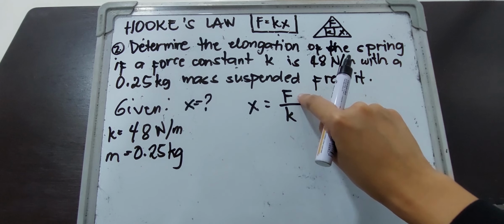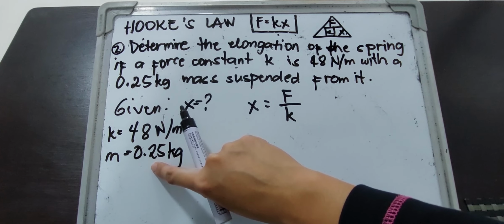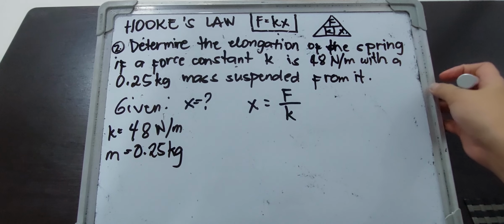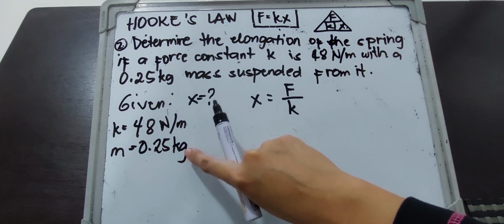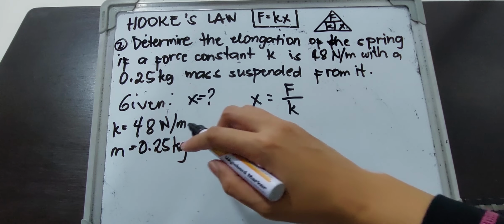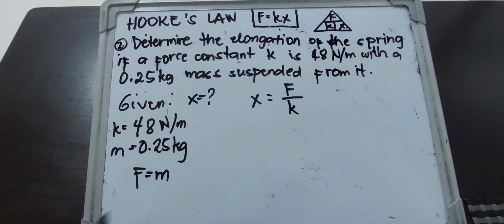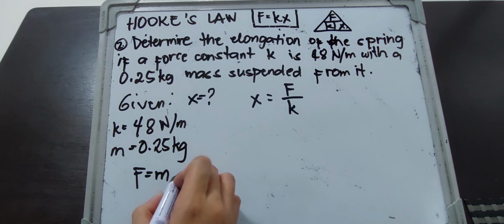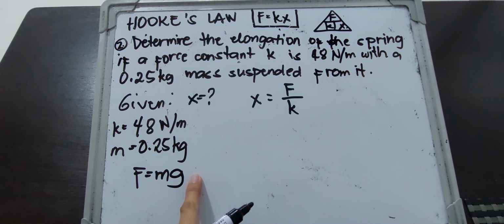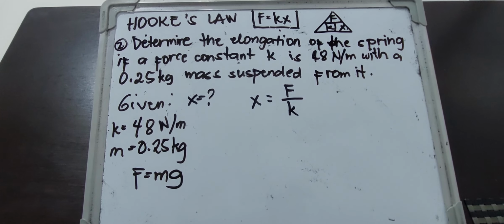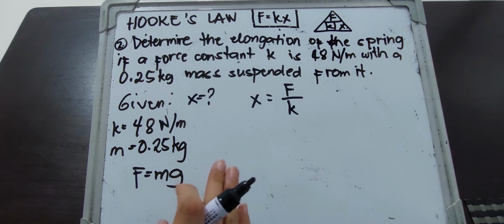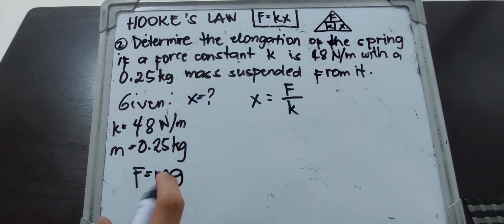Since we do not have the value of force, but we have the value of mass, you all know na that for us to convert this to force or to weight, we will going to multiply the mass to the gravitational field strength or the acceleration due to gravity. Na-discuss ko na din yung gravitational field strength dun sa concepts, okay?